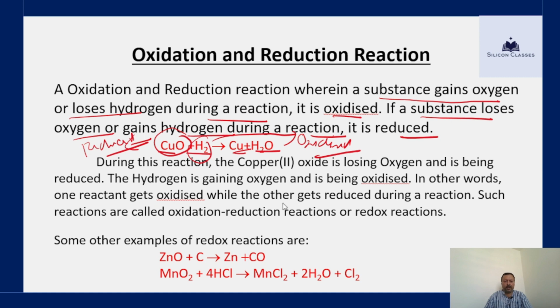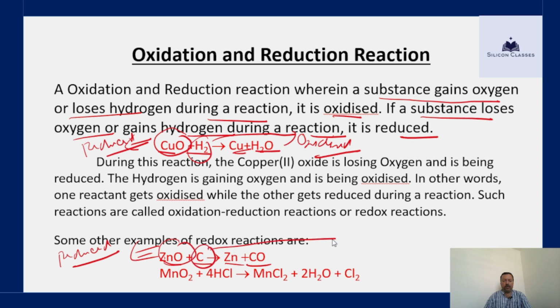We should go for some other example. Zinc oxide plus carbon gives zinc plus carbon monoxide. Here zinc oxide similarly loses oxygen to form zinc. So here zinc oxide is being reduced as per definition.